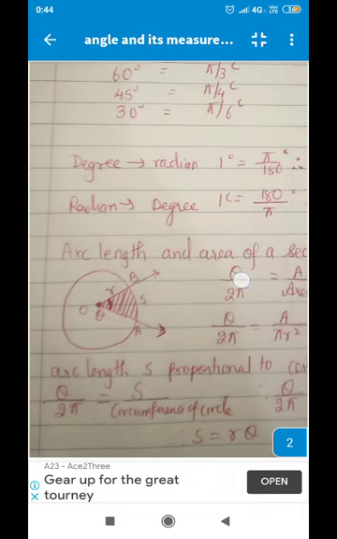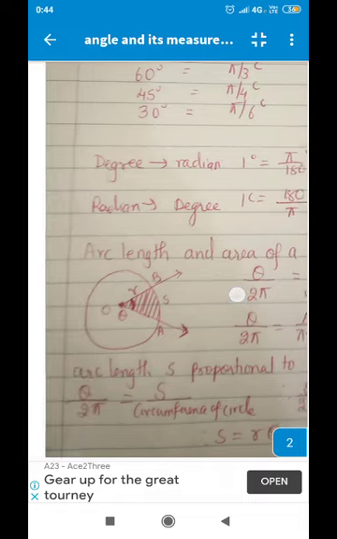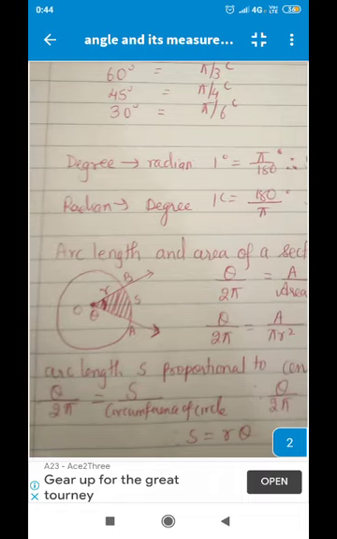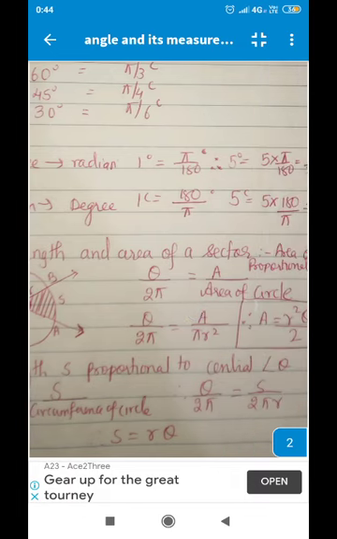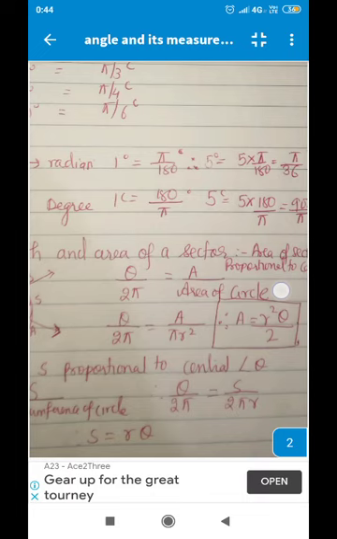Similarly, arc length S is proportional to the central angle theta, and therefore the ratio is written as theta upon 2 pi equals S upon the circumference of the circle. Therefore theta upon 2 pi equals S upon 2 pi r. After cancelling and cross multiplying, we get S equals r theta.